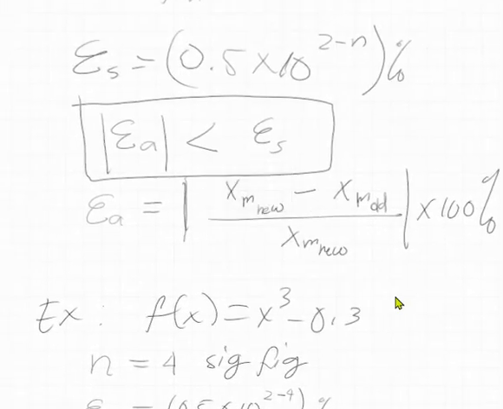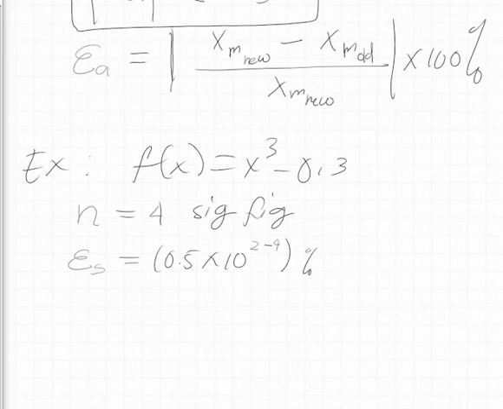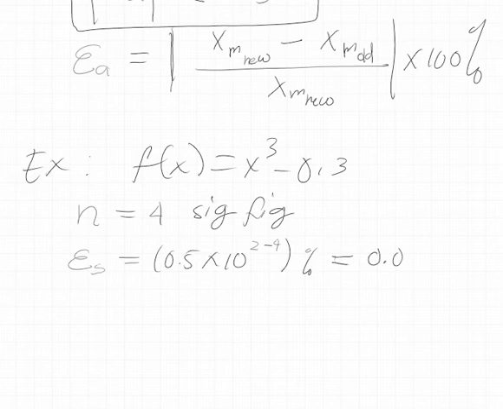So 2 minus 4, the stopping criterion will be equal to 5 times 10 raised to negative 3, this is 0.005%. So we stop the iteration when our approximate error is less than 0.005.